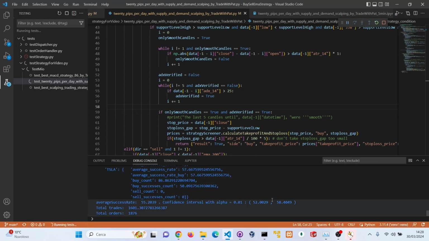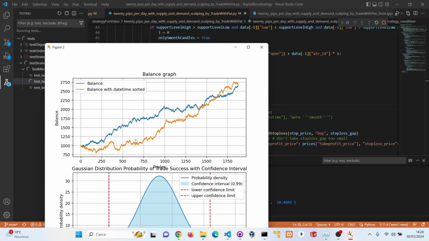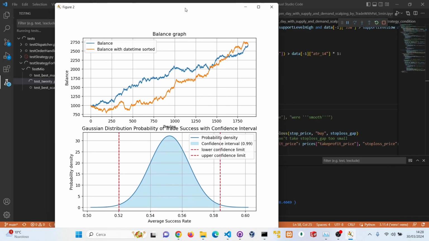And as you can see, the new average success rate is 55. The confidence interval goes past 50, so it's statistically profitable. This is the graph of our balance during the time the strategy was tested, here in orange. And here we can see the Gaussian distribution of our average success rate. 0.50 is our average success rate to break even.